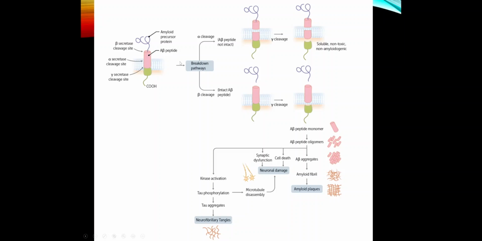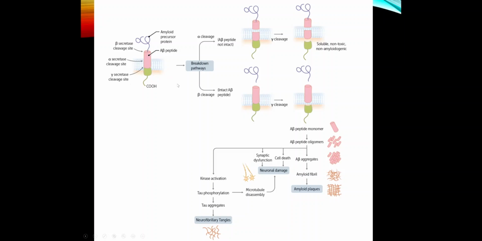Okay, and so normally we have the alpha cleavage, right here. And so notice that this whole thing, the amyloid beta protein or peptide, is not intact in that normal cleavage pathway. Okay, and then we get the gamma cleavage, and this form is not toxic to the neurons.